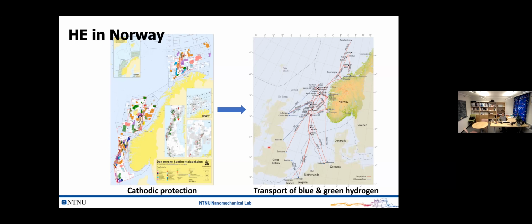And also now, if you use those existing natural gas pipelines to transport hydrogen, this hydrogen will of course diffuse into the pipeline. So although it's renewed thinking about production and transport, the problem is the same: hydrogen embrittlement.